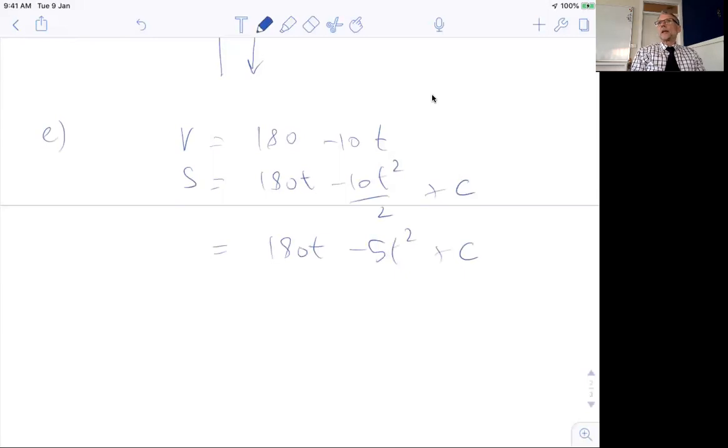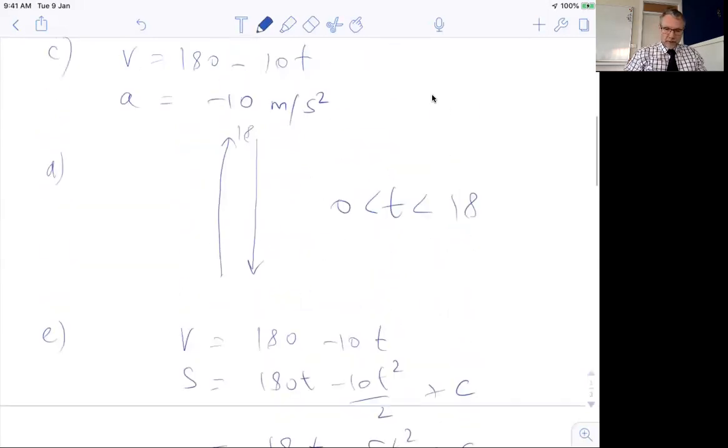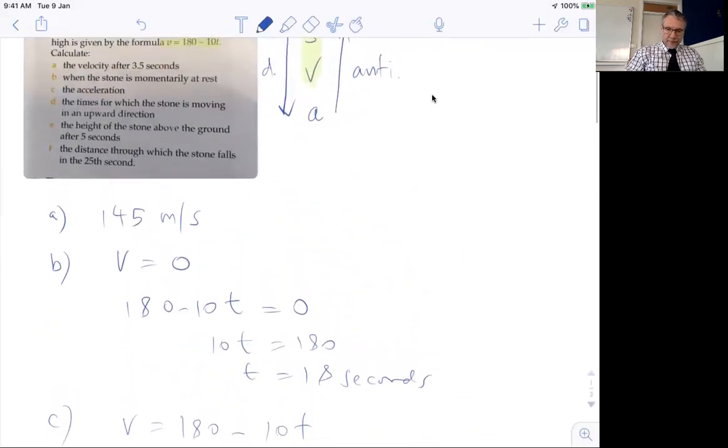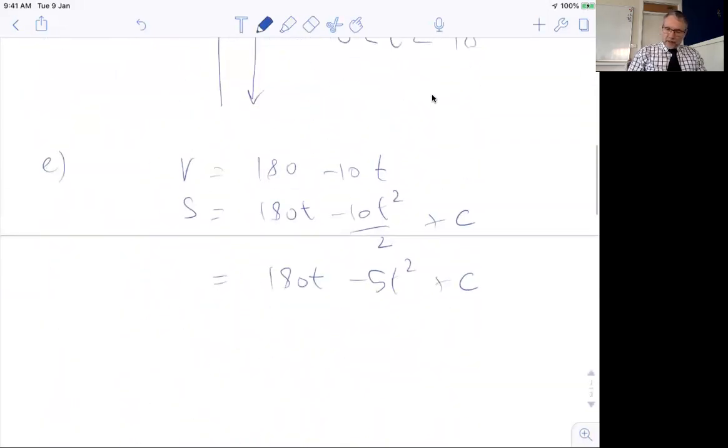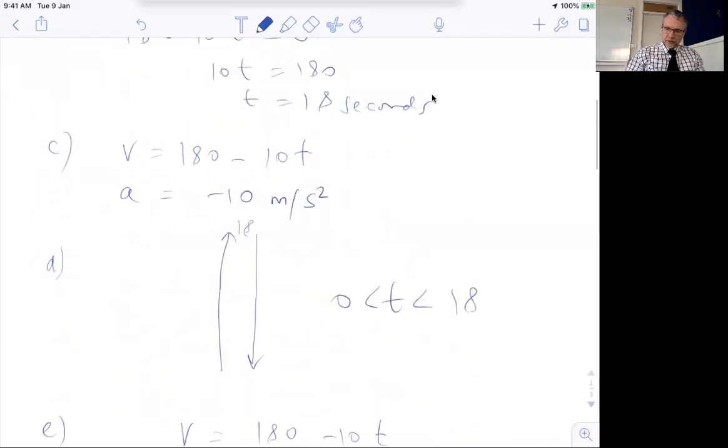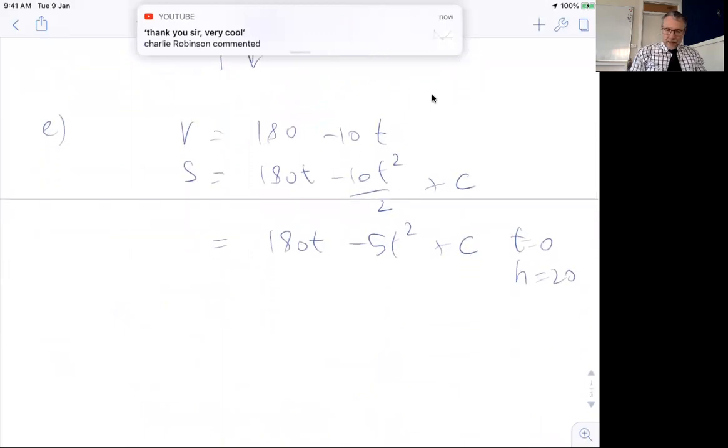Now we are told that the catapult is 20 meters high. So if we're measuring the height above the ground, which we are, then at t equals 0, the height is equal to 20. Yep, 20 meters. So that's handy.